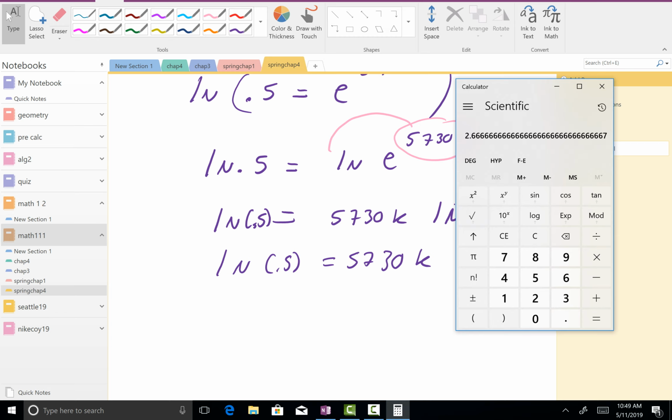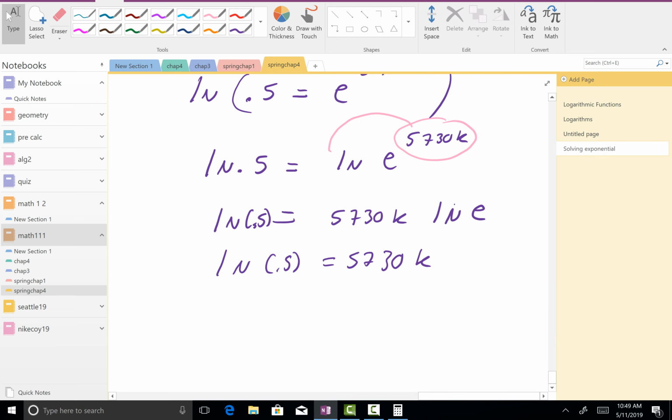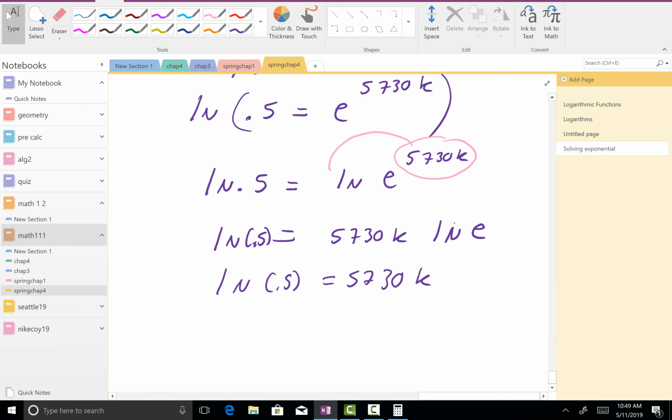If I've got a natural log on here, nope. Now I do. 5 natural log. Why do I have a negative? I bet there's a negative in the formula and I didn't see it.